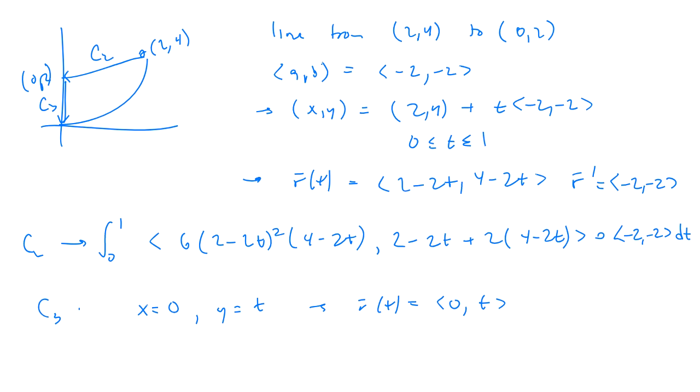Because here, we start at t equals 2 and we go to t equals 0. So when we do the integral, kind of a weird one, we go from 2 to 0. We could flip it and then put a negative in front. That would be the same thing, but whichever. So again, we have lots of possible parameterizations.